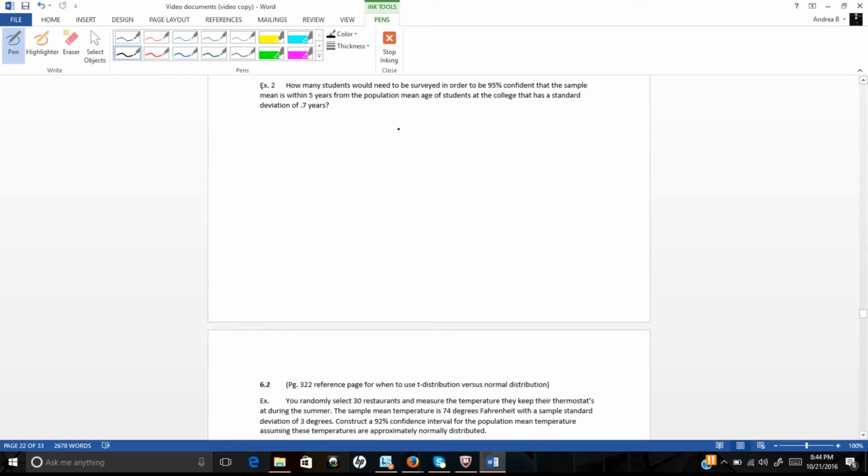For the second one here, we have how many students would need to be surveyed in order to be 95% confident that the sample mean is within 5 years of the population mean age for those students at the college, with a standard deviation of 0.7.